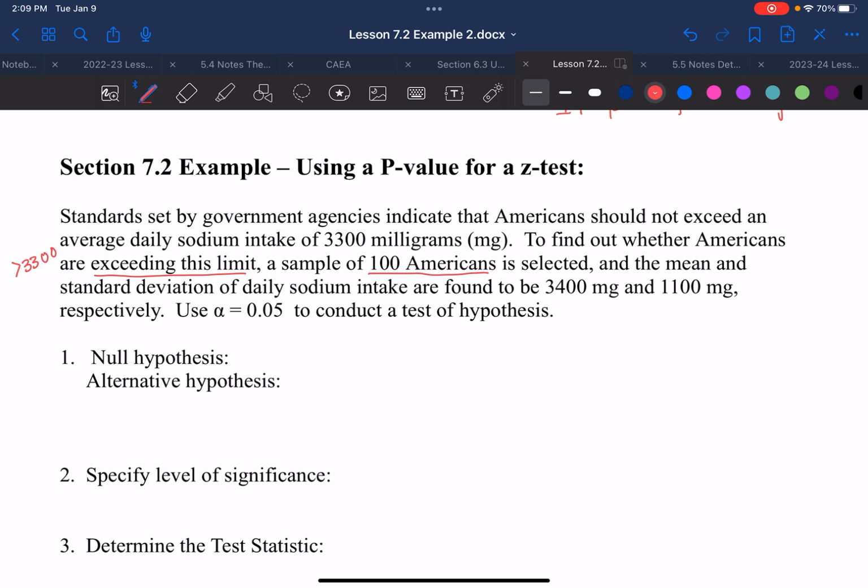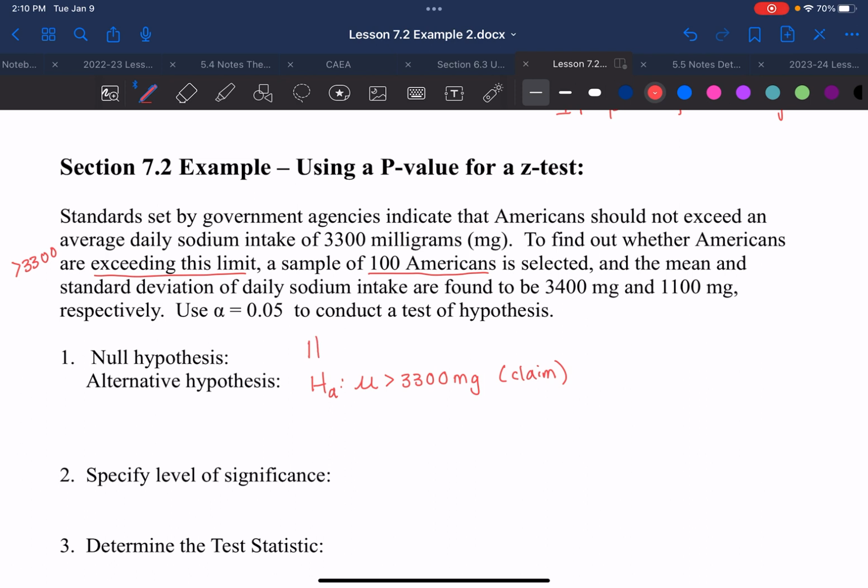Because that is testing greater than 3,300 milligrams, we're going to put that claim into the alternative hypothesis. So this is a claim for a large sample mean, and that's where my claim is going to go.